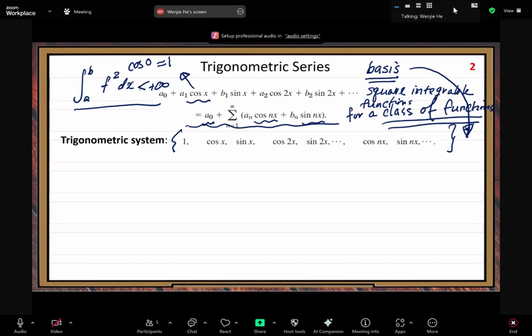All the classes together. We can use these trigonometric functions to represent square integrable functions. It's a basis. Basis means that if we use these functions to represent square integrable functions, we won't miss anything.